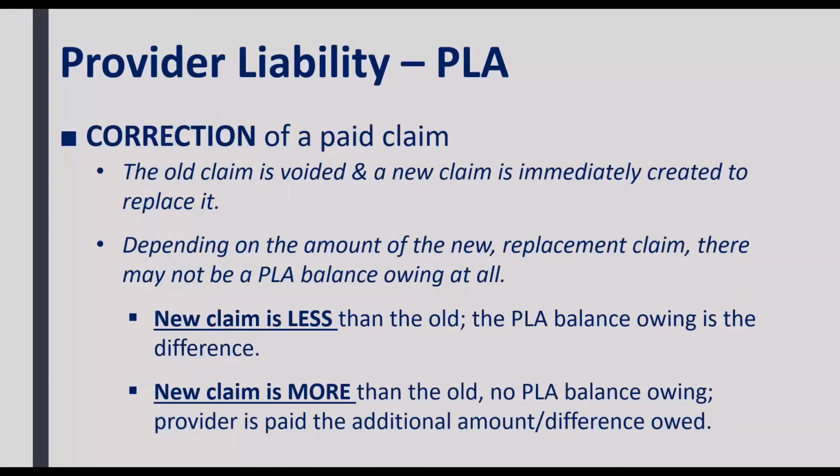And then depending on the amount of the new replacement claim, you may not have a PLA balance owing at all. Now, if the new replacement claim that's linked to the old one that was voided is less than the old claim that was corrected and voided, then the PLA balance you owe is the difference between the two.